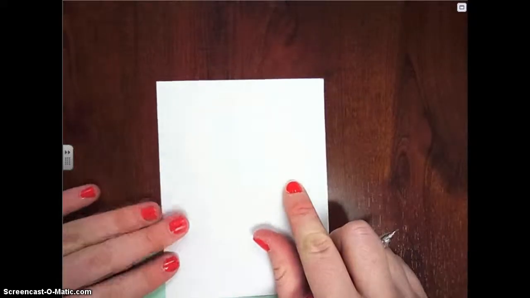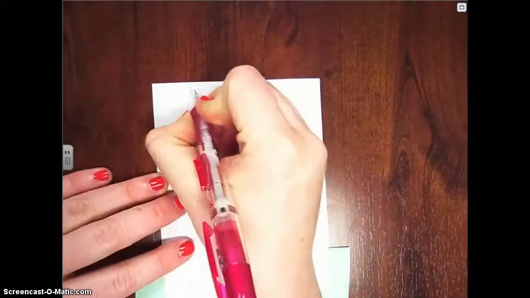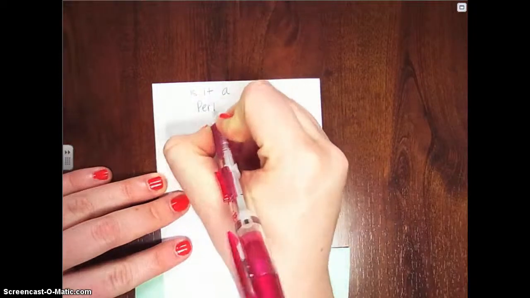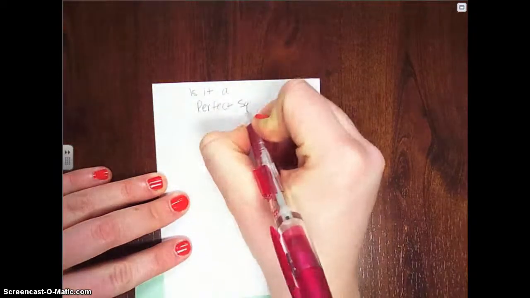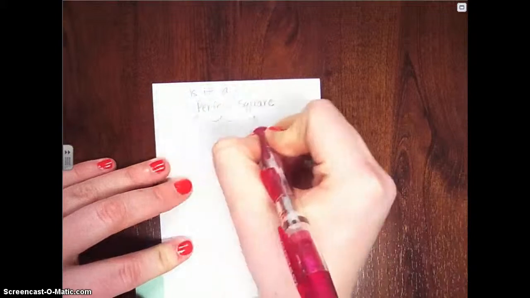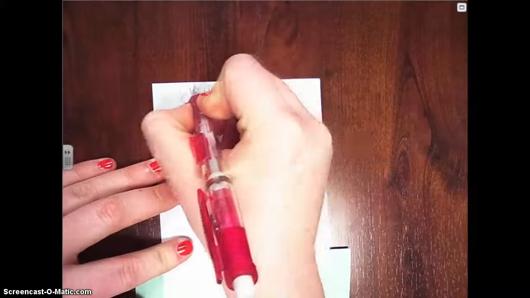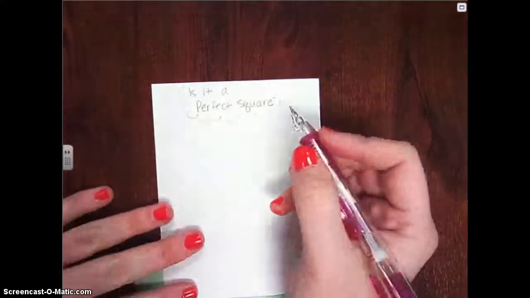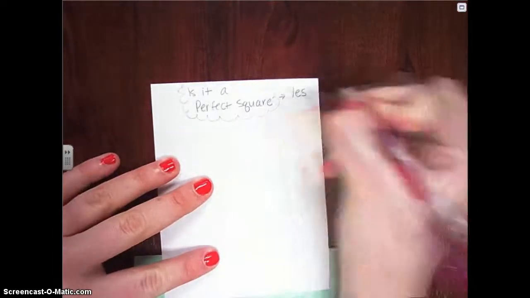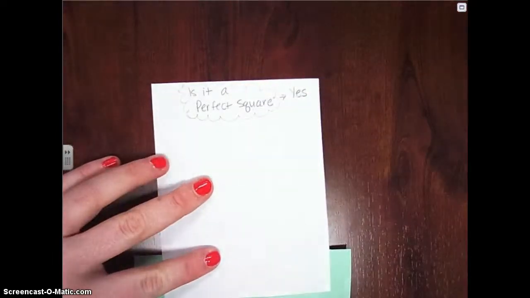So at the top, I want you to write, is it a perfect square? Okay, so if our answer is yes, so when you look at something and you say, is it a perfect square?